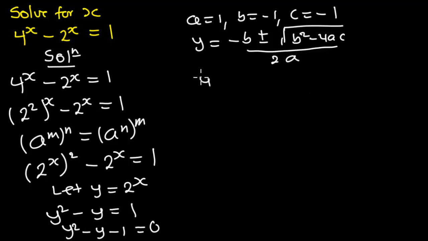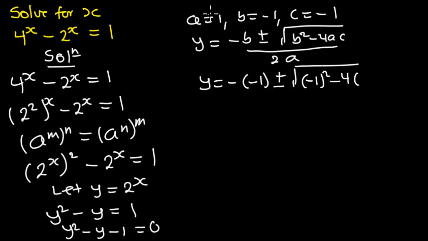So we are going to have y equal to negative b; we had -1, so negative of -1, plus or minus the square root of b squared. B we have -1, so we're going to have -1 squared minus 4ac. Then a is 1 and then c is -1. So 1 and then -1, all over 2a, and a is 1.